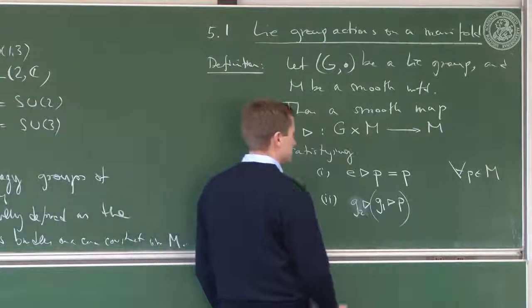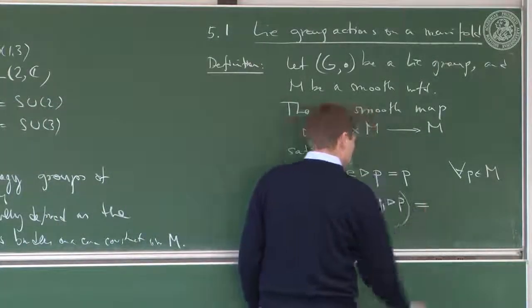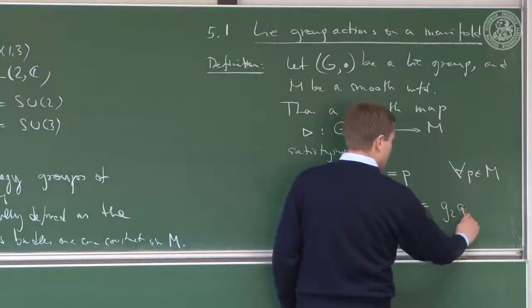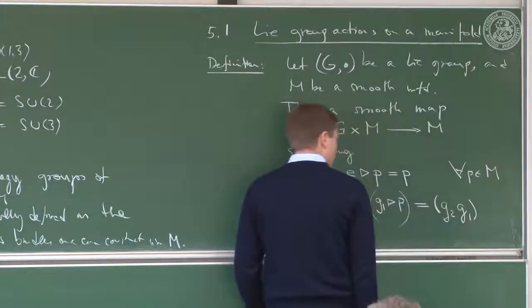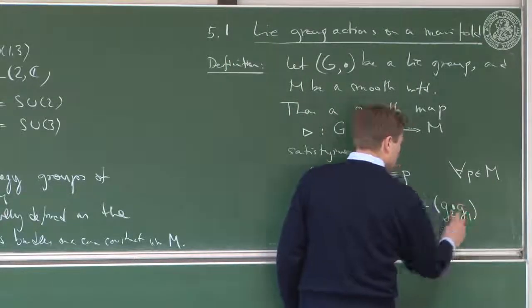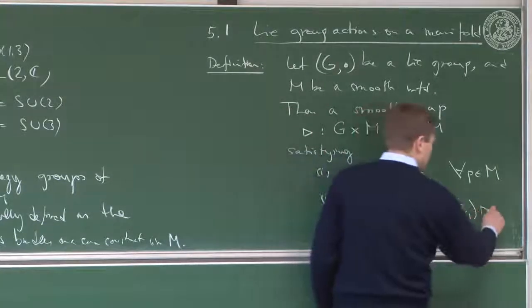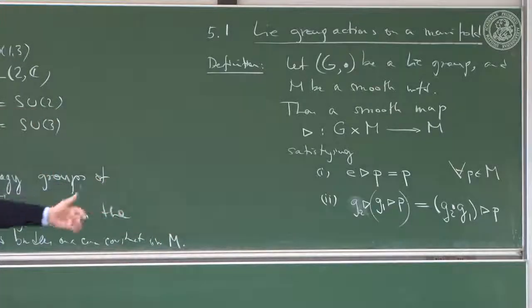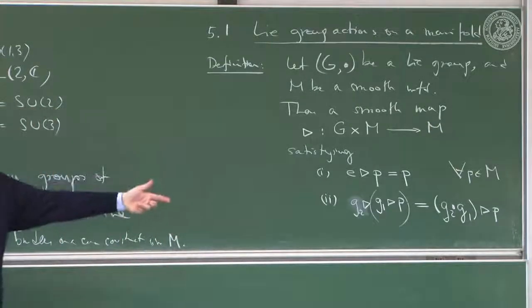There's only one way to read this expression. Anyway, you require this to be G2 G1, so you keep the order G2 G1, and that, of course, goes with the product, and that acts on P. So you can act one after the other, or you can act at once with the product.